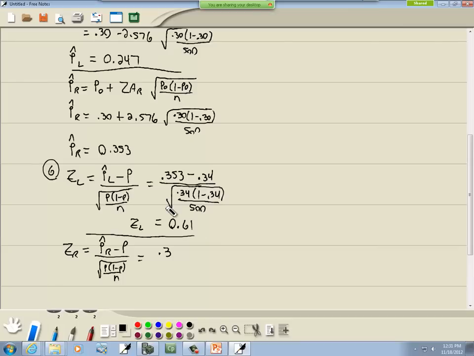That's good. Let me put that in red so you can really see it. This is 0.247. This one down here is our p hat sub r.